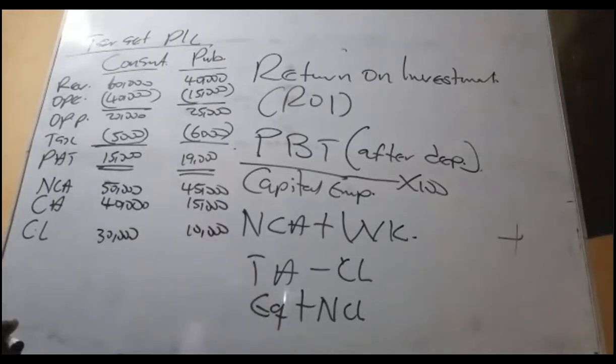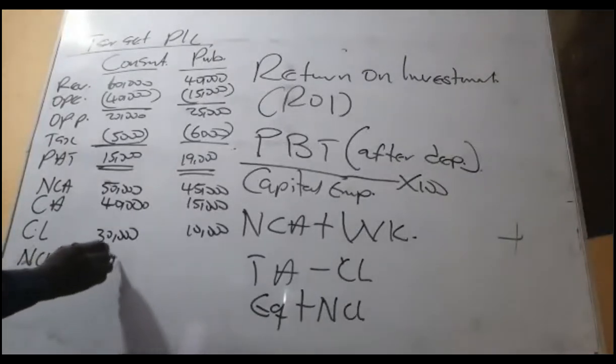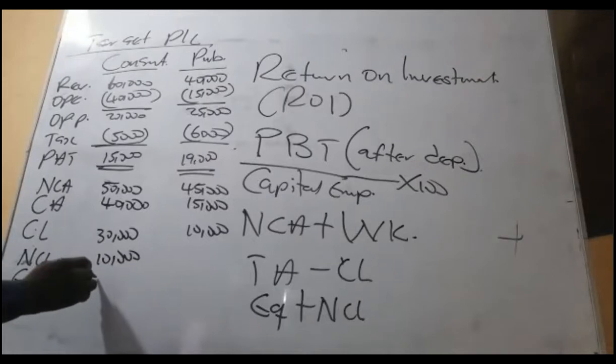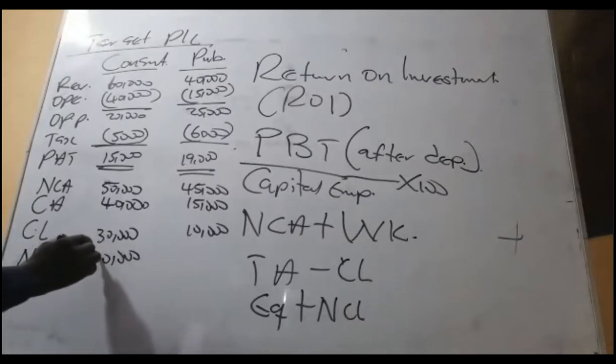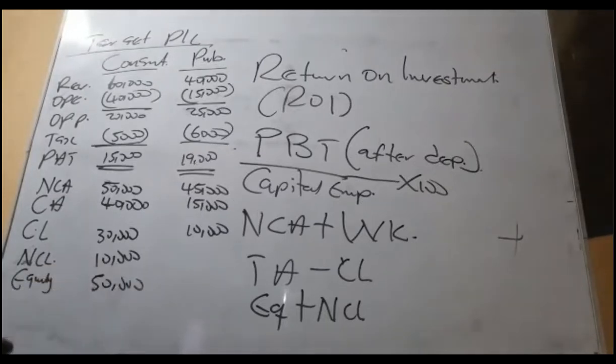Then non-current liability and equity. Non-current liability is 10,000, and equity is 50,000 here.